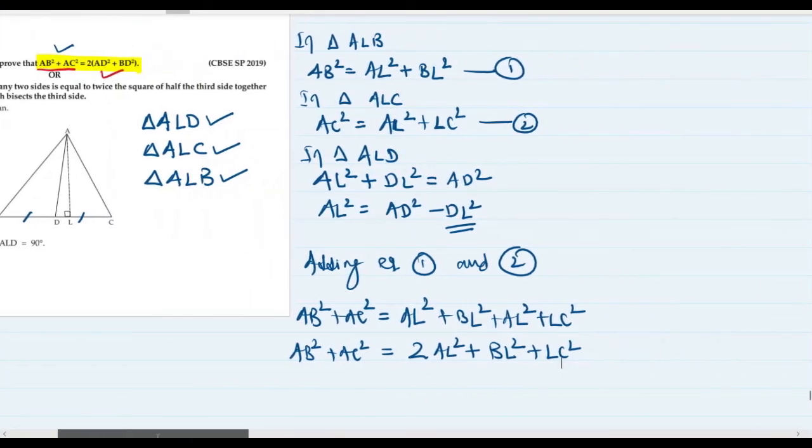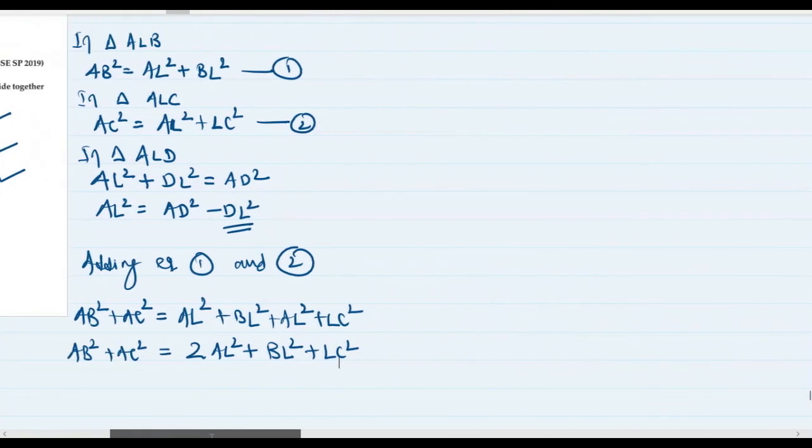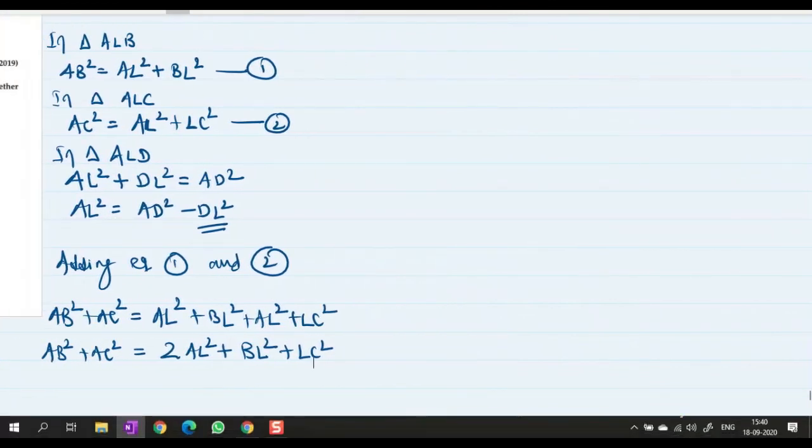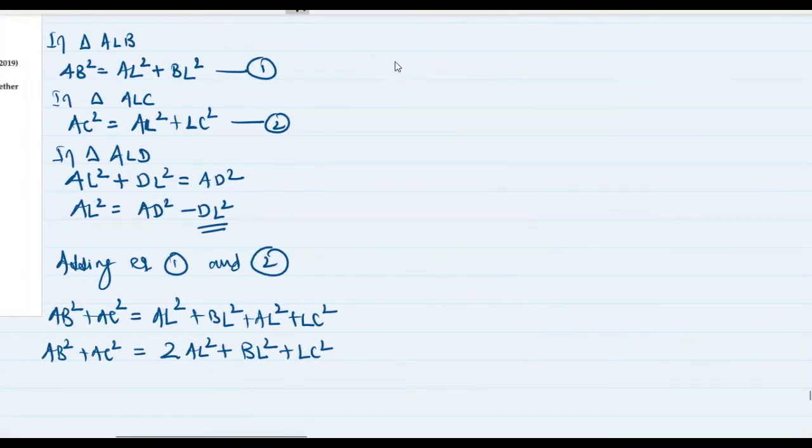Now remember what we have to prove. We have to prove AB square plus AC square is 2 times AD square plus BD square. We are nowhere near it, but we will get there. So just look here. In place of AL square, I know the value of AL square. I'll just put that value.